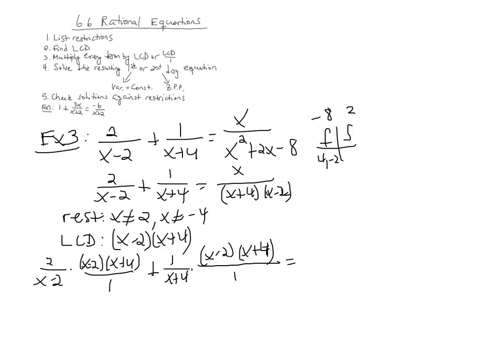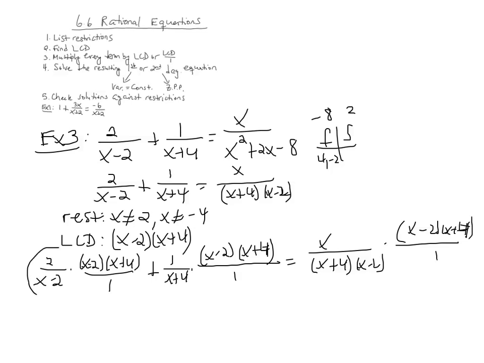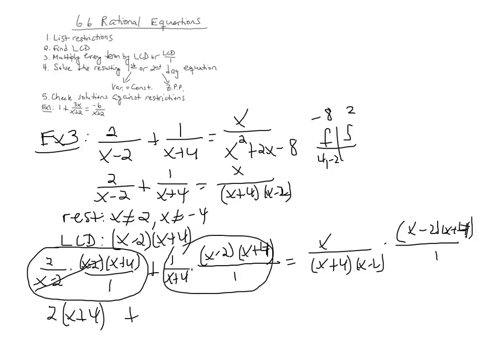And I'm going to multiply the third term times the LCD over 1. Okay, and let's go back and circle our three terms here. The x minus 2's cancel, and we're left with 2 times x plus 4. Here the x plus 4's cancel, and we're just left with an x minus 2. Here the x plus 4's and the x minus 2's cancel, and we are left with x.